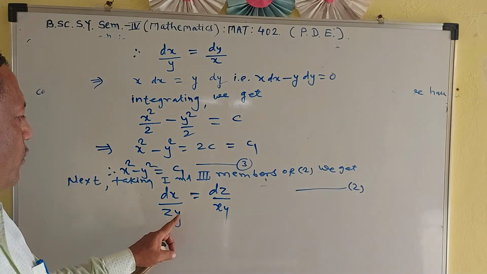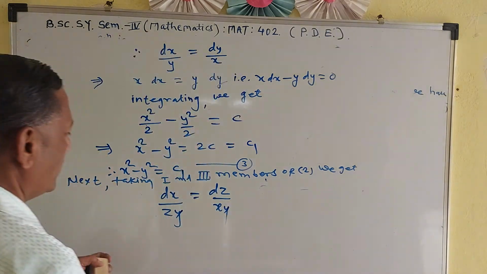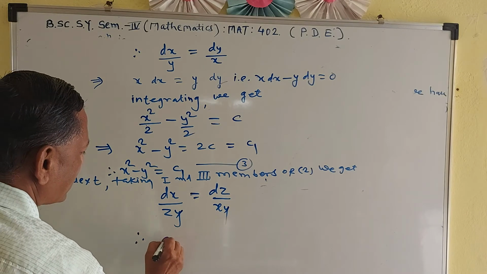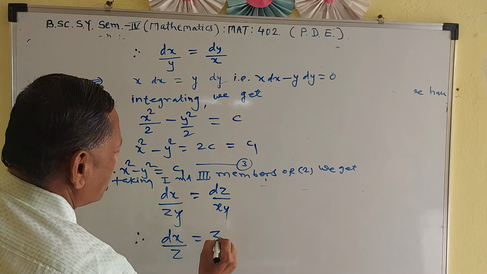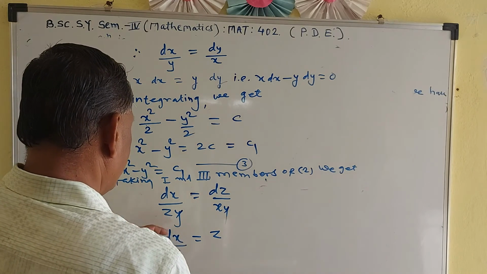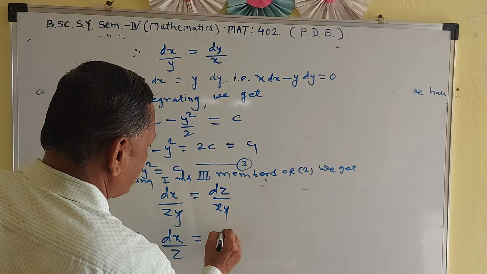Here y is on both sides, y cancels. Therefore dx upon z is equal to dz upon x.